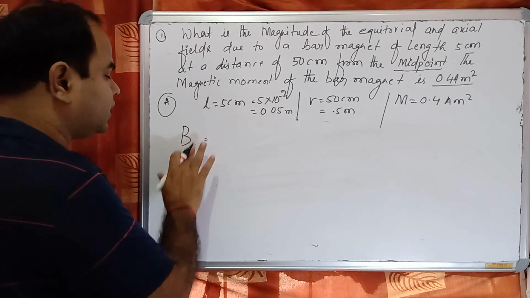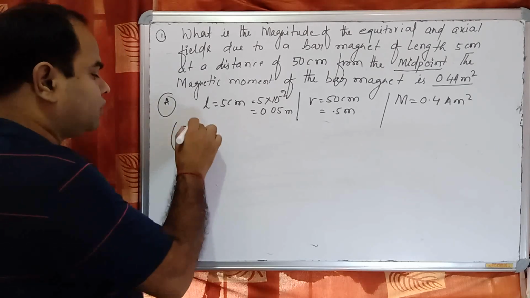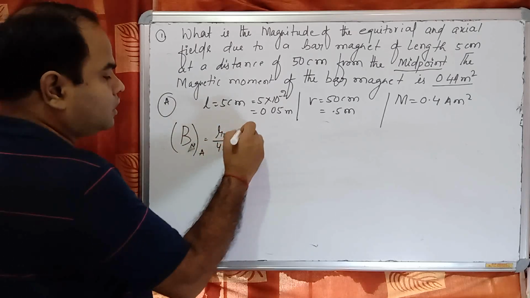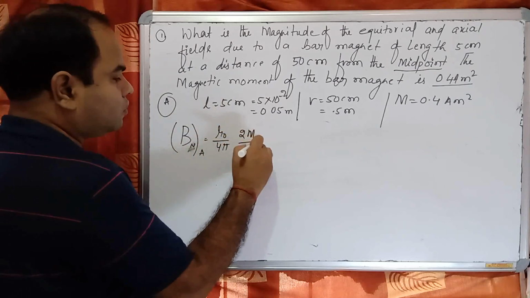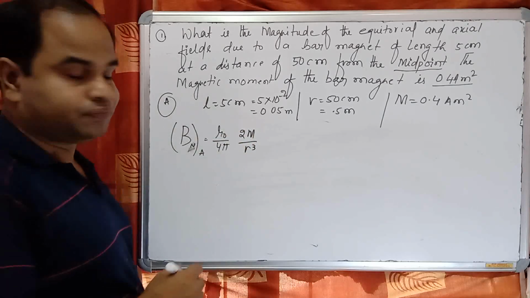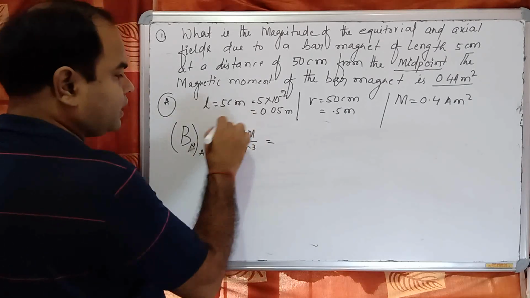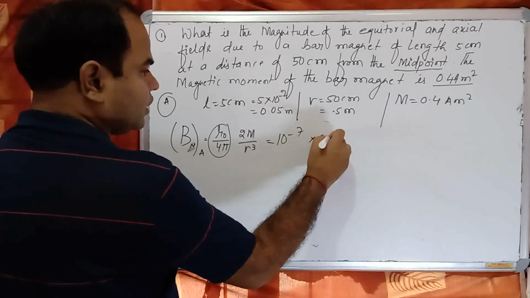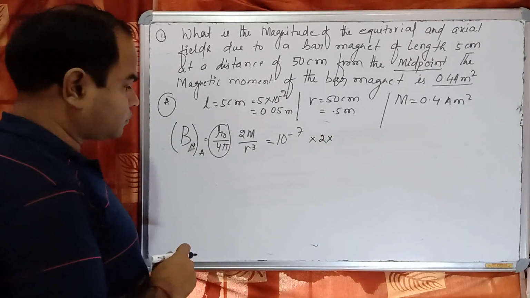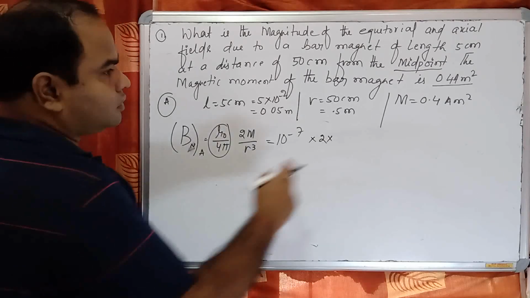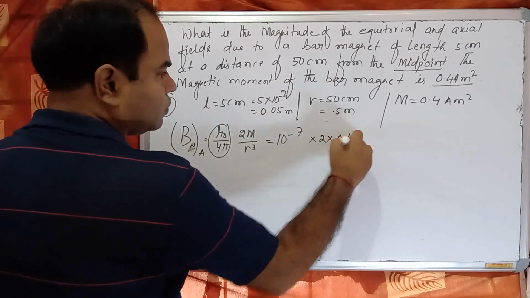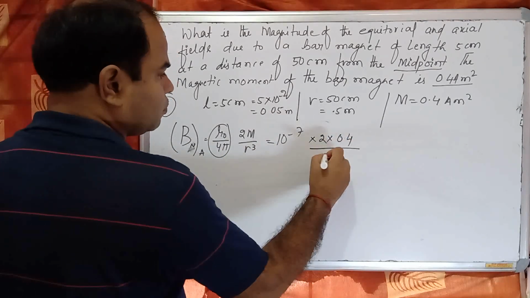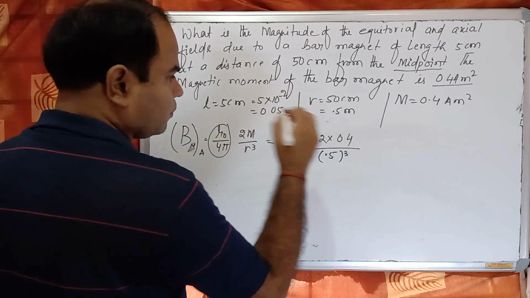B net due to axial is mu naught by 4 pi into 2m by r cube. In the ideal case, mu naught by 4 pi is 10 to the power minus 7, this into 2, m is 0.4, and r is 0.5 whole cube.